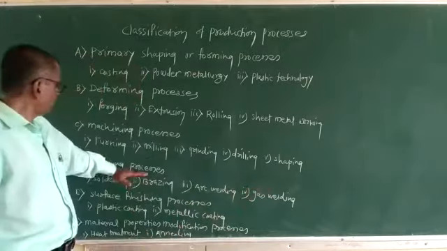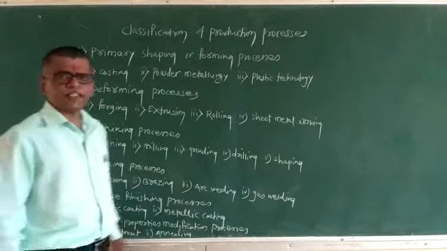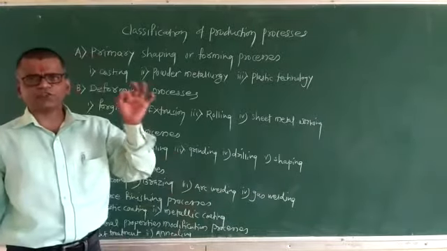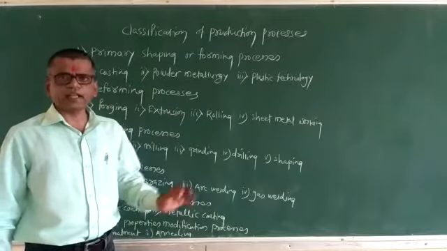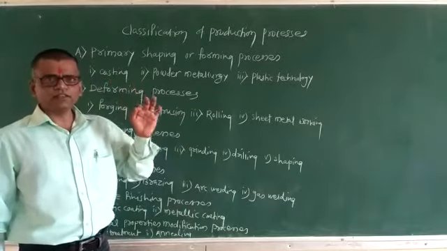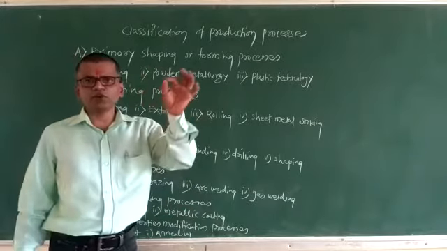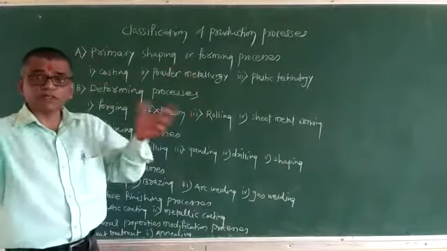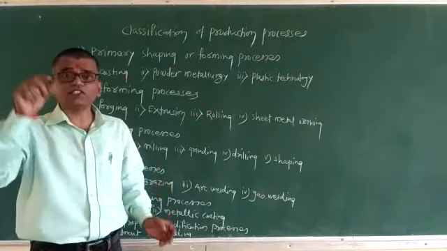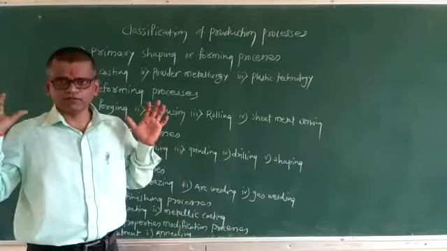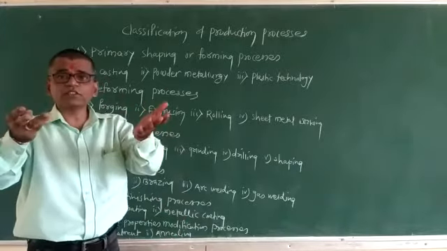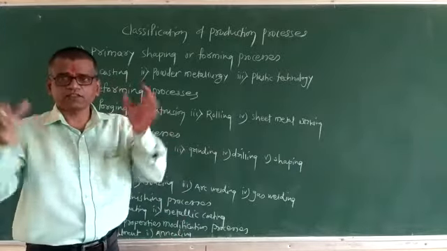Regarding the joining process, it is a process of joining similar metals by the application of heat with or without addition of pressure and with or without addition of filler material. In some processes, filler material, that is called the electrode, is required. In some processes, the addition of pressure is required.